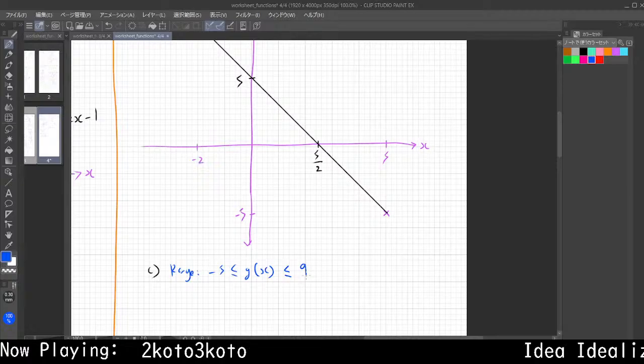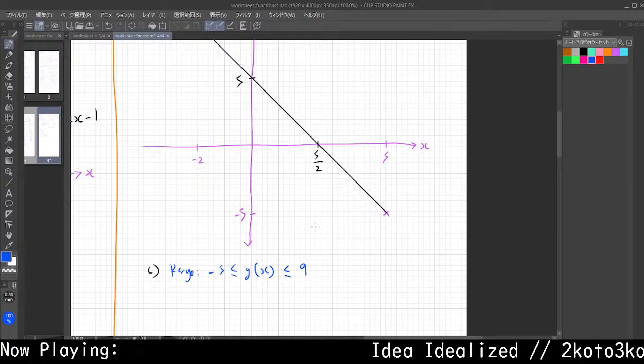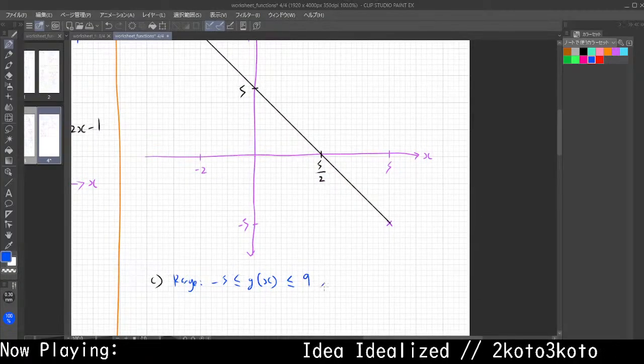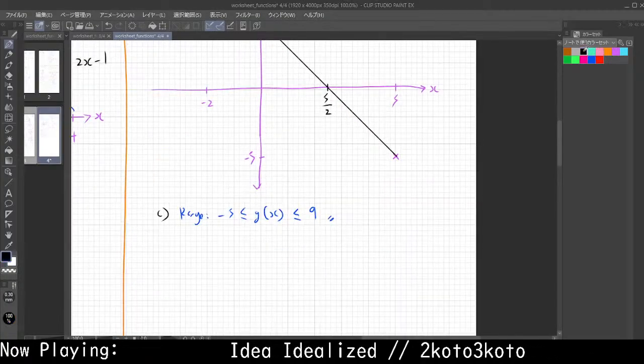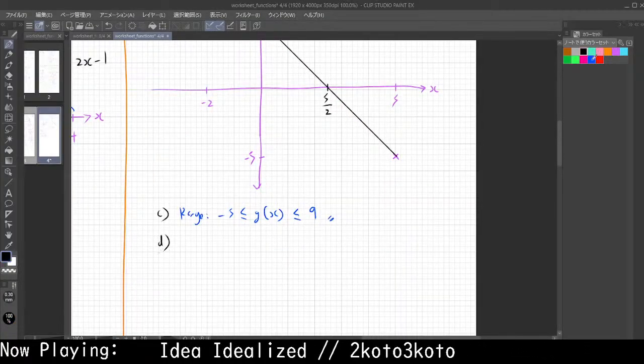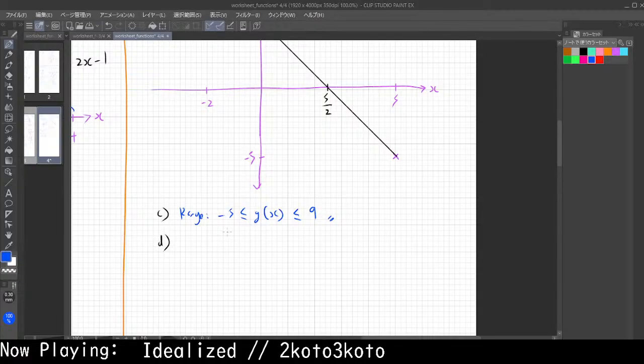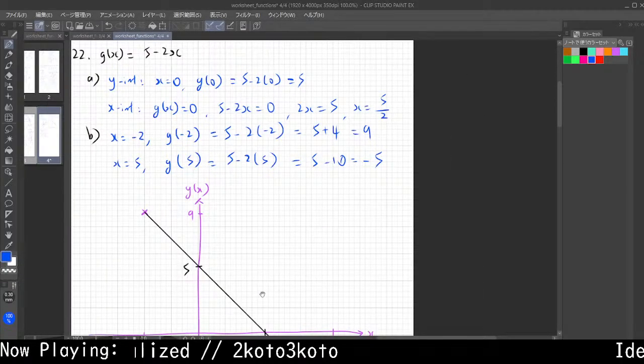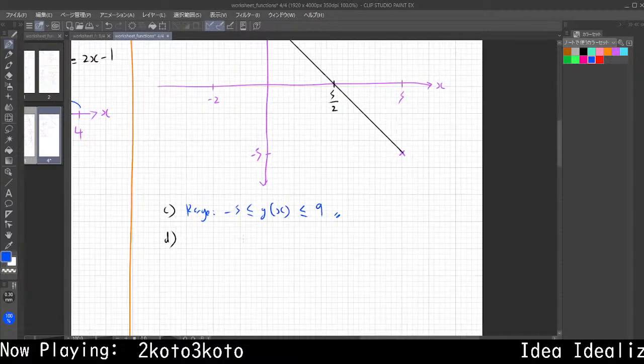Okay, anyway, the range is the range of your vertical values. In this case, it's -5 to 9. Okay, done. D, find g inverse. g is given as 5 minus 2x, simple enough.